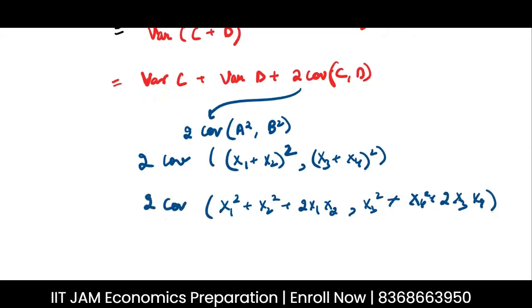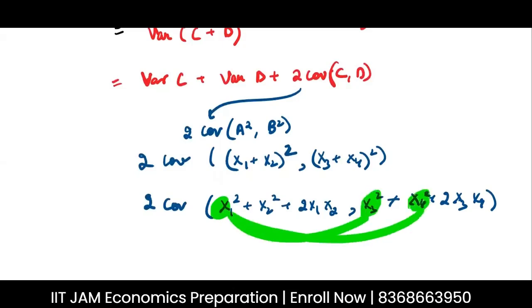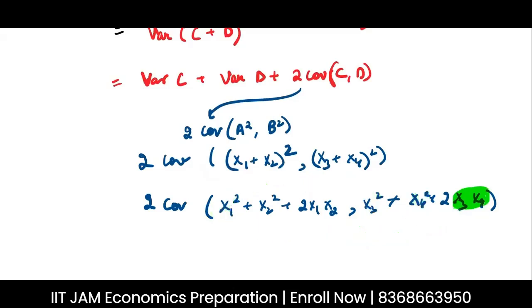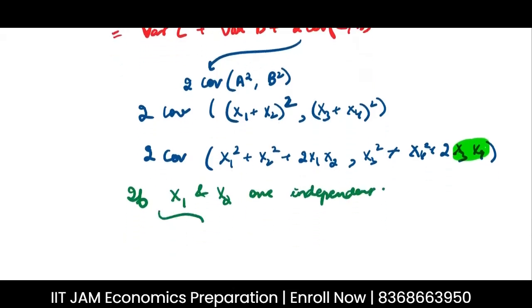When you find the covariance of each with this, you will see that X1 with X3, independent, becomes 0, and with X4, independent. These are all independent. Ideally, and this is something you can simply use as a property, if X1 and X2 are independent, then their linear combination is also going to have that independence property.